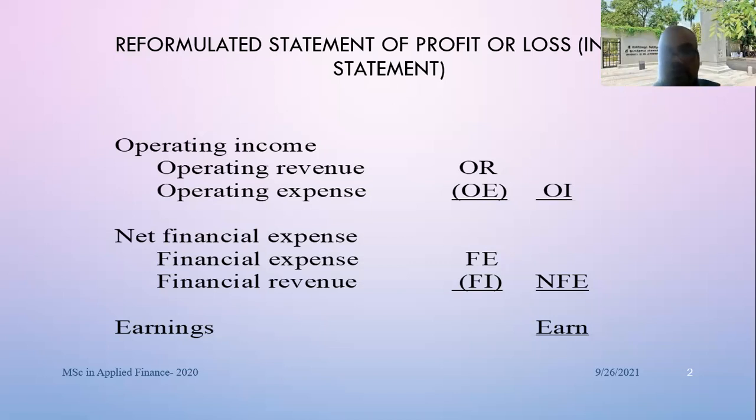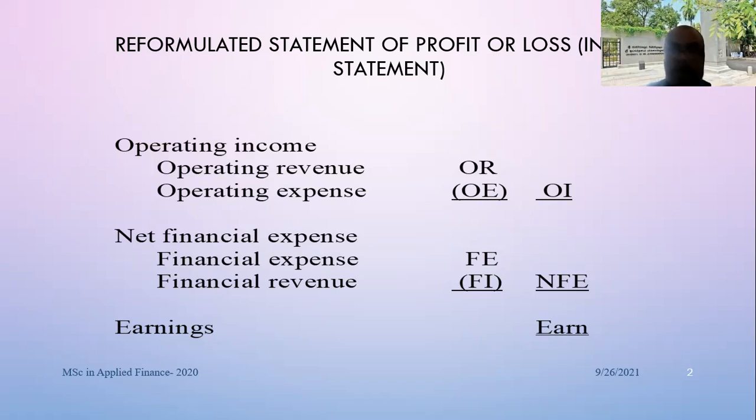We are going to rearrange them to bring about some relevant information, or in other words, information in a more meaningful and useful manner to interpret information.